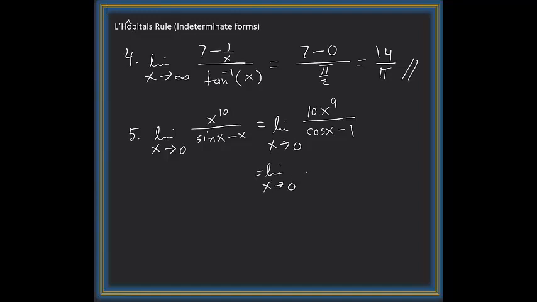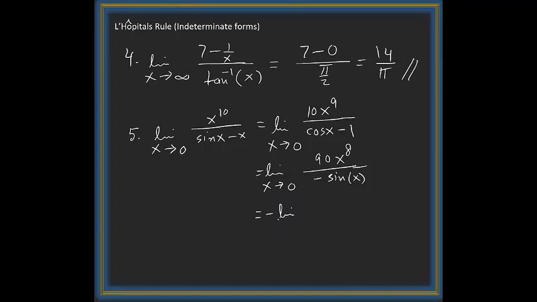Limit x approaches 0. So that one will give you 90x to the 8. The derivative in the denominator will give you negative sine x. You can further take the derivative because still you are getting 0 over 0, but I want to apply a simple trick so that I don't have to take the derivative anymore.